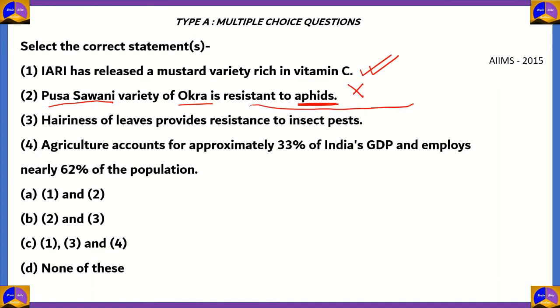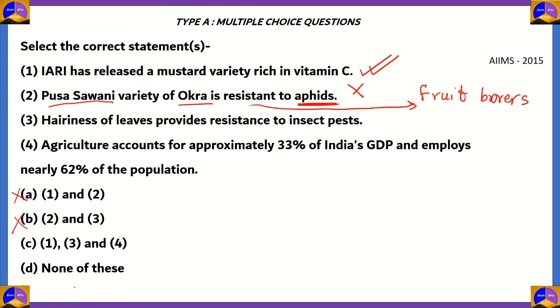It is resistant to another pest called fruit borer. So statement number 2 is incorrect. You need to find out the correct statement, so any option with number 2 will be incorrect.